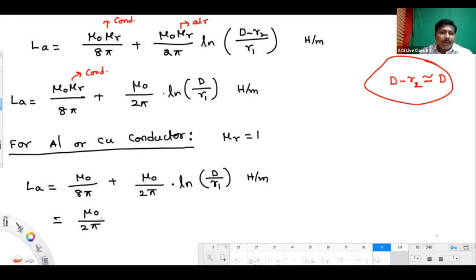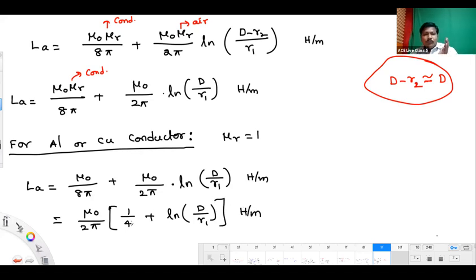By taking that mu naught by 2 pi common, you get 1 by 4 plus natural logarithm of D by R1 in terms of Henry by meter. And I want to move this 1 by 4 into the natural logarithm. That mathematical modification we are going to take up further. Okay. So I'll show in the next slide.